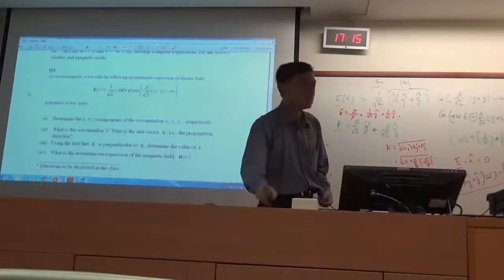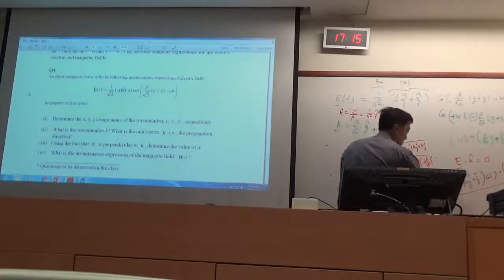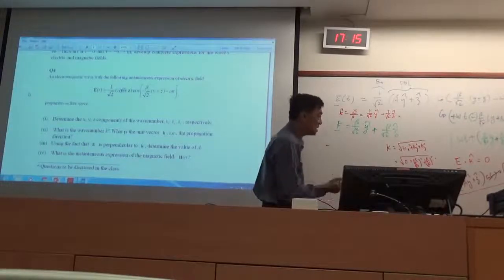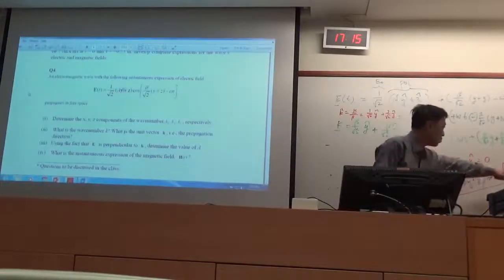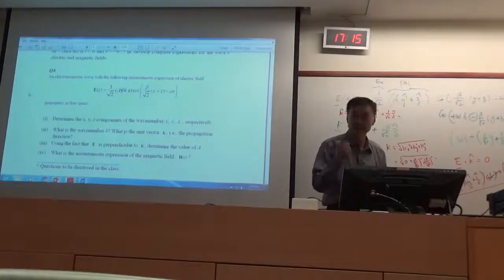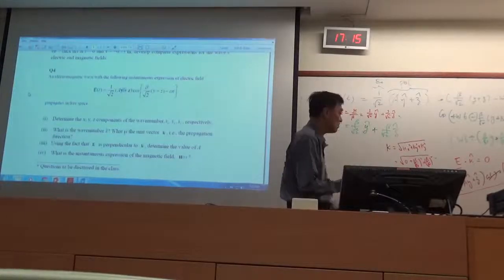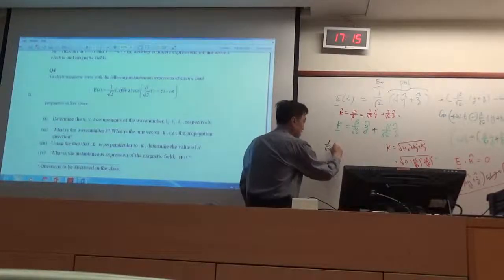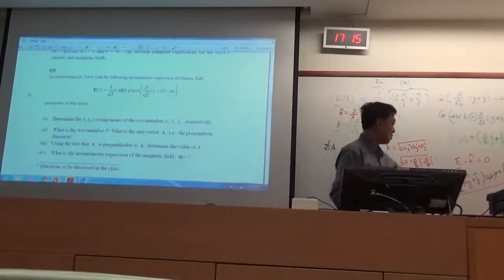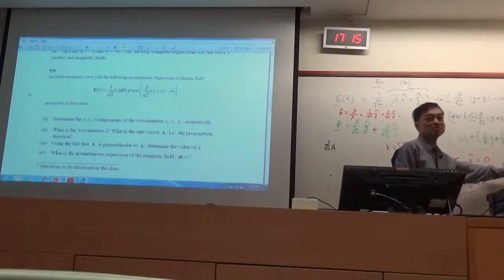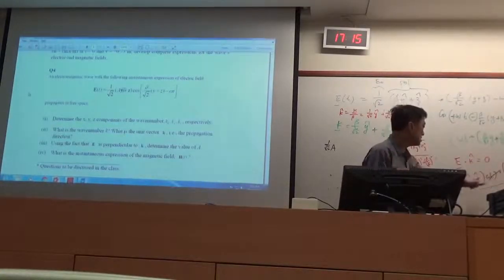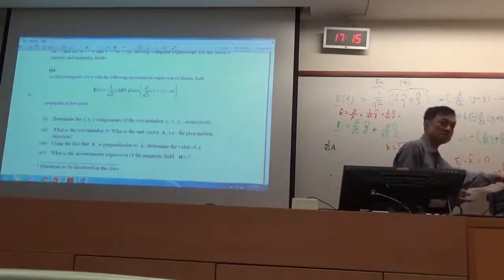All the terms outside, we don't care. The significant one is y dot y, which has a value, right? The dot product y dot y has a value, so 1 over square root 2 times a. Y dot z is 0, because they are perpendicular. Z dot y is also 0.